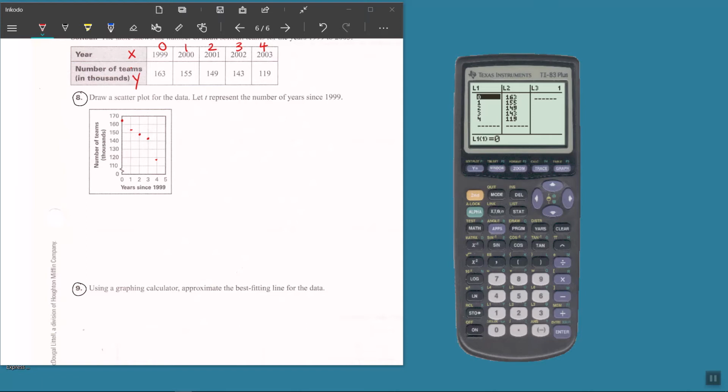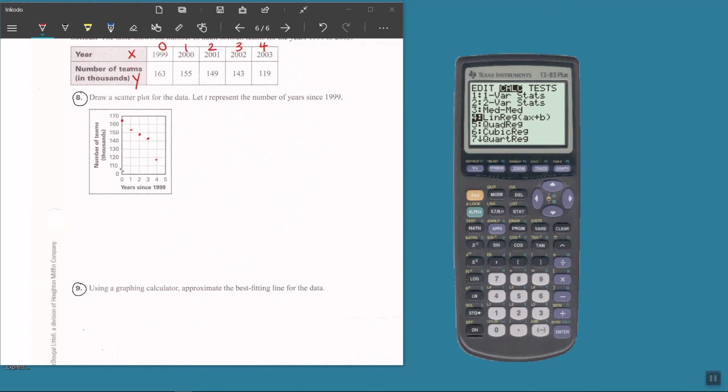So once you've entered those points, your X, Y coordinates for each of those, you're going to go back to the stat key and click it. And now you see where we started from, but you want to click your arrow over, your right arrow, until you get to calc. And it'll pull up this menu. Depending on what version you have, whether you've got an 82, 83, 84, this menu might look a little bit different, but you want to scroll down until you get to linear regression, LinReg.